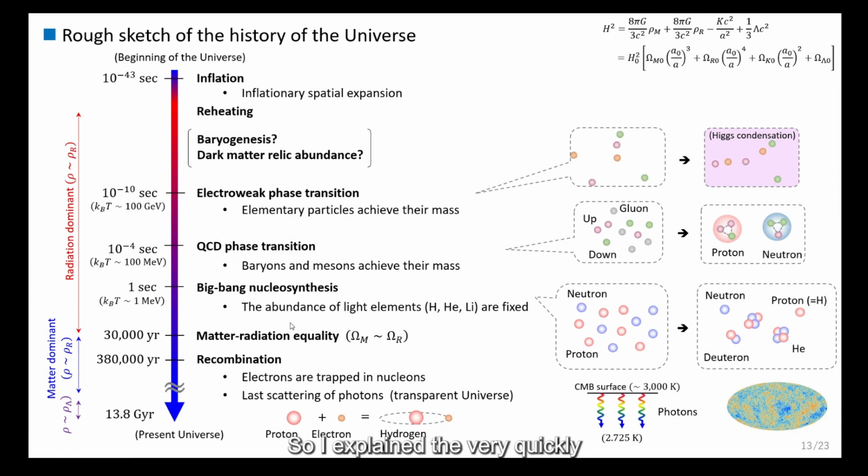So I explained very quickly the history of the universe, and in this section I gave the basics of the time dependence of the universe given by the Friedmann equation, so we can get the relationship between the time evolution and what happened. But I didn't mention how we get the relationship between time and temperature.